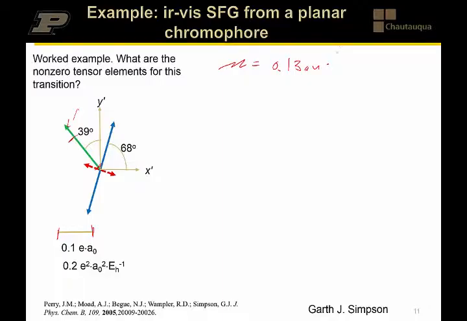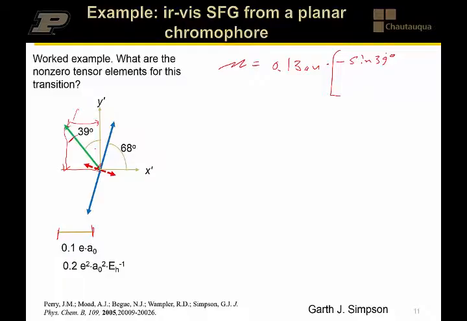times, and then the question is, what are the non-zero elements? And if we look at this, we're going to project onto y and project onto x. The projection onto x, if this is our 39 degrees is that angle, right? So the projection onto the x-axis is going to be given by negative sine 39 degrees.